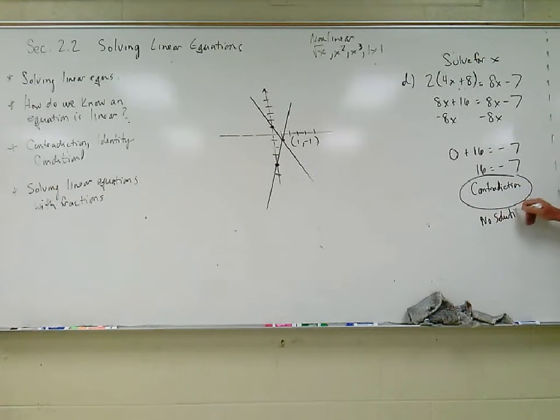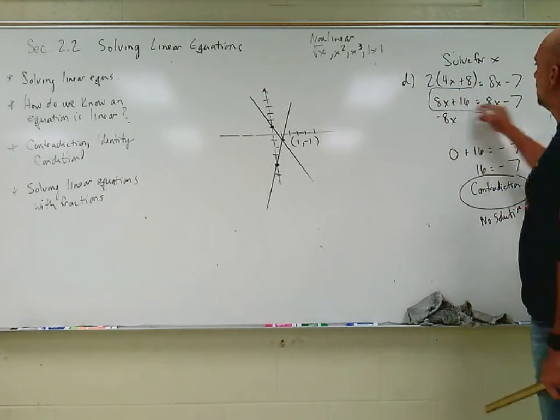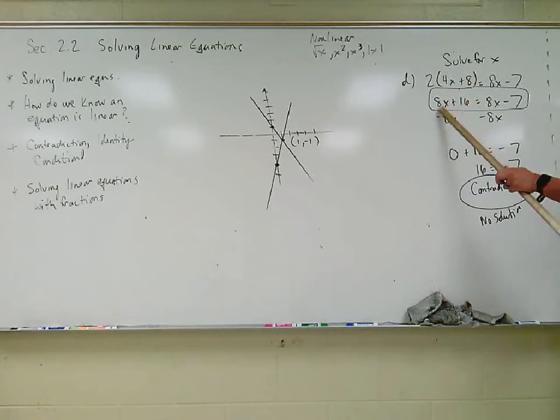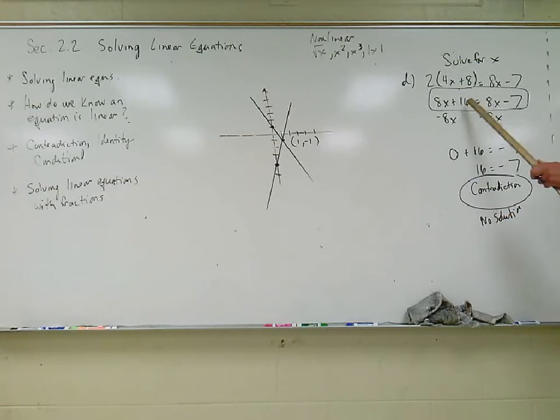But graphically, does anybody know what happened? What happened with the two lines? Yeah, they're parallel. Look, if I look right here, both of those have the same slope, but different y-intercepts. They're parallel lines. That's what that means.